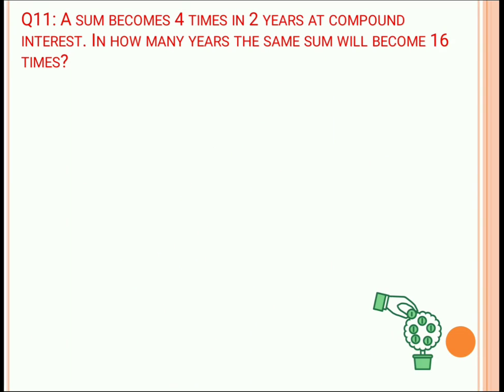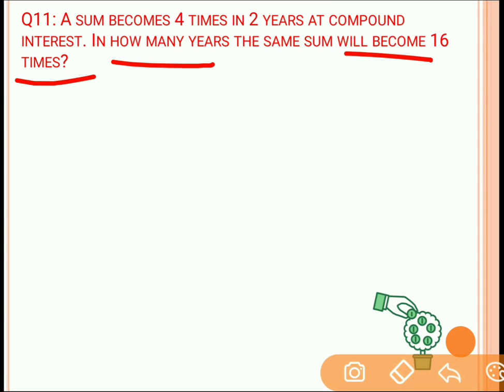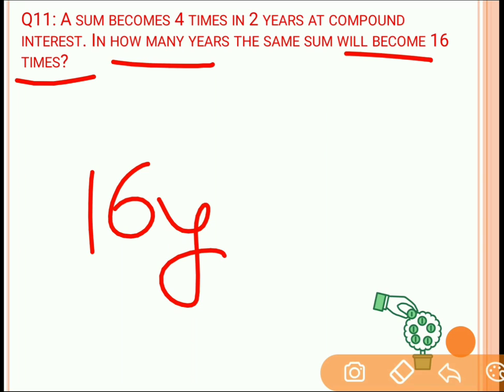Once the rate of interest is known, we will proceed to the next statement which says that in how many years the sum becomes 16 times. So same sum, that is y, becomes 16 times in how many years? So you can say that if principal is y rupees, then it becomes 16y. This is the amount which is to be paid at a compound interest.